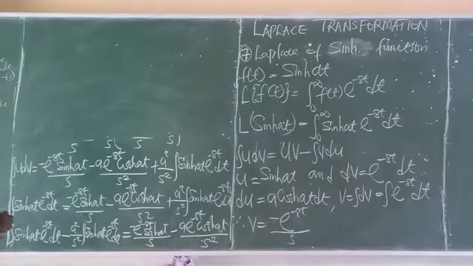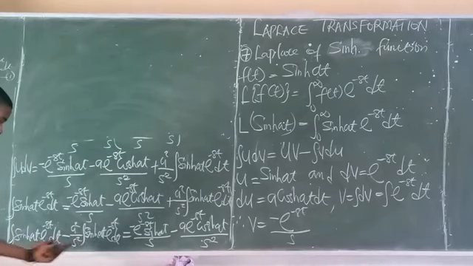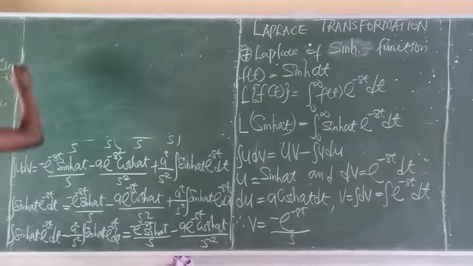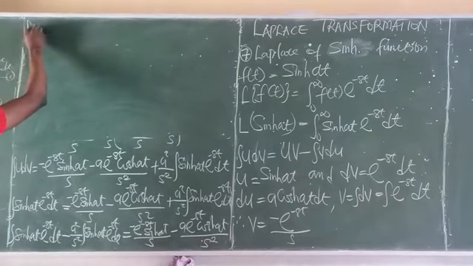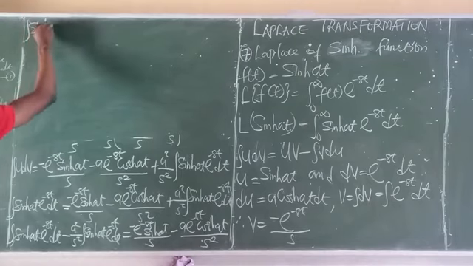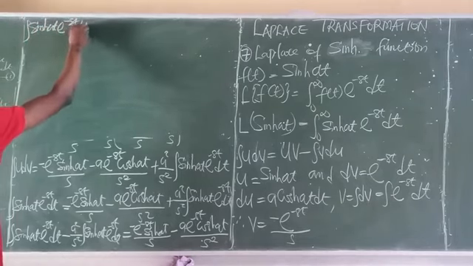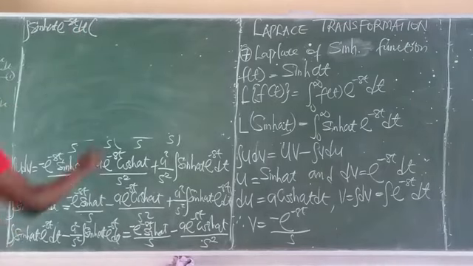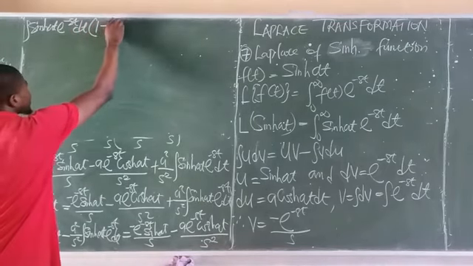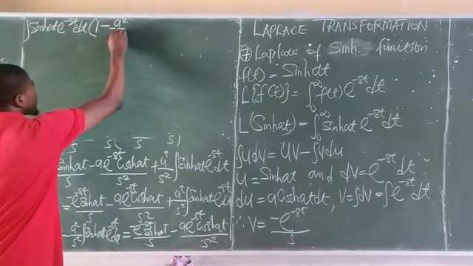So at this point, one of these integrals, of course, we can factor out since it is common. So we have integral of sine at exponential minus st dt is now common into, it becomes 1 minus a squared all over s squared.